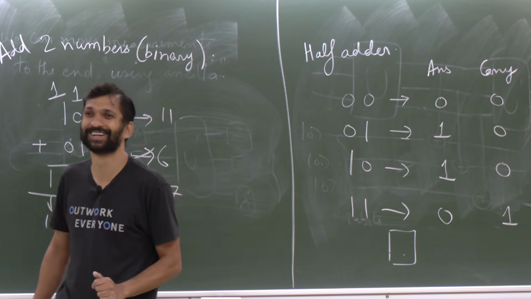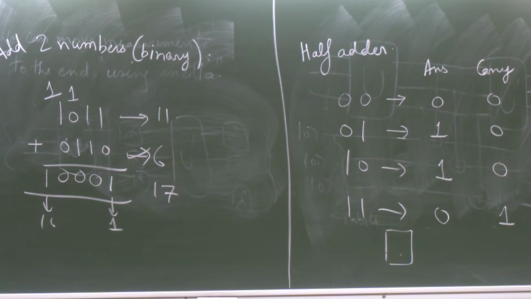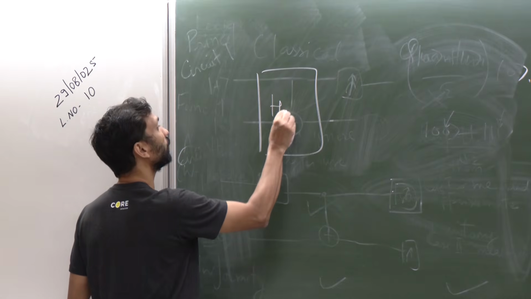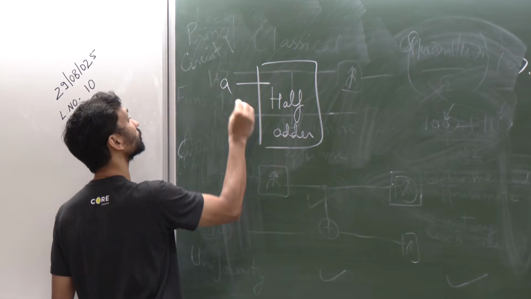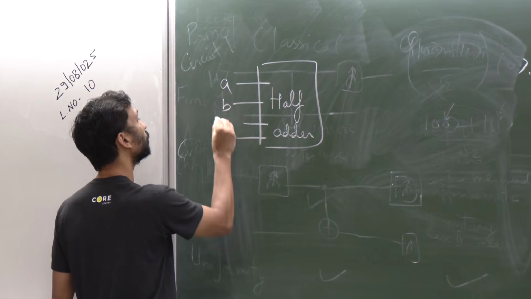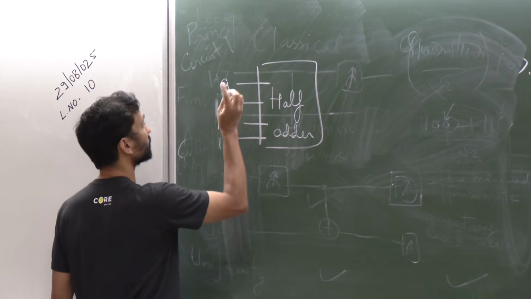You should know this. This is the first step, always. Okay. And there's a general trick for this. So what we will do is our half adder is actually going to take two ancilla bits. Let's say AB.